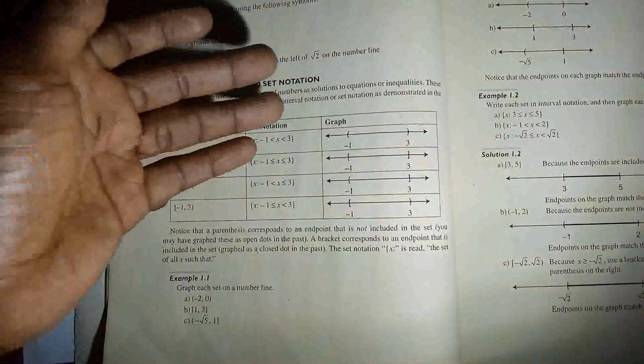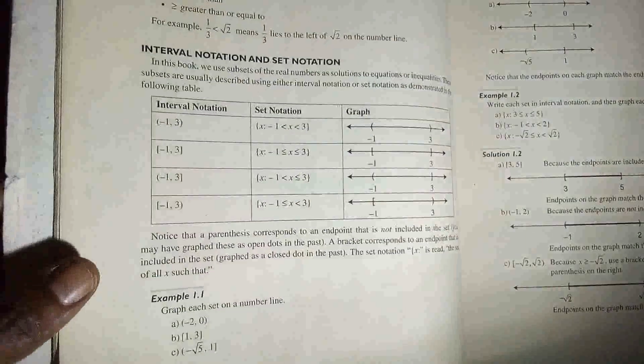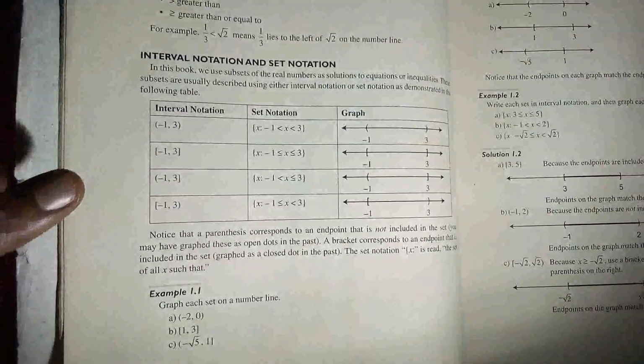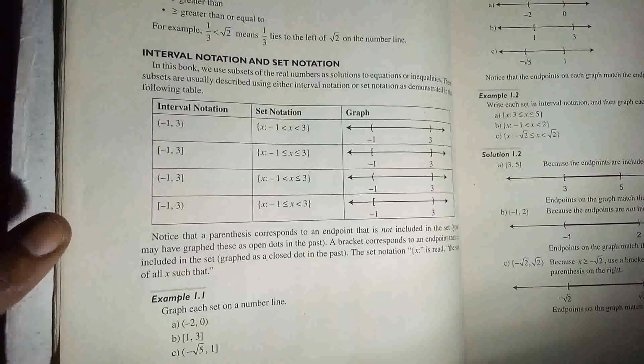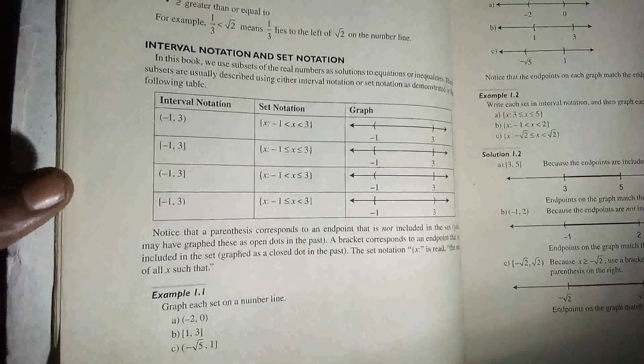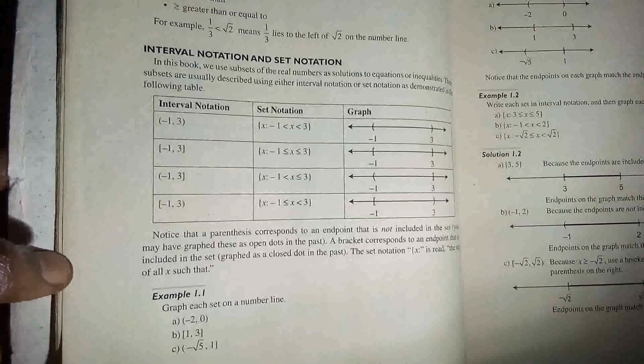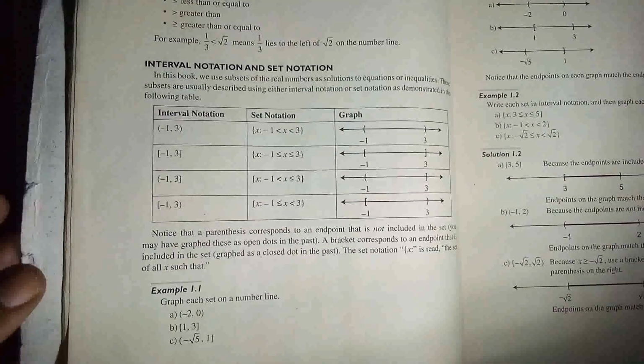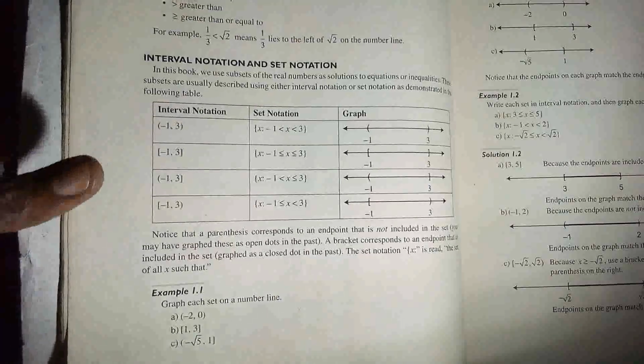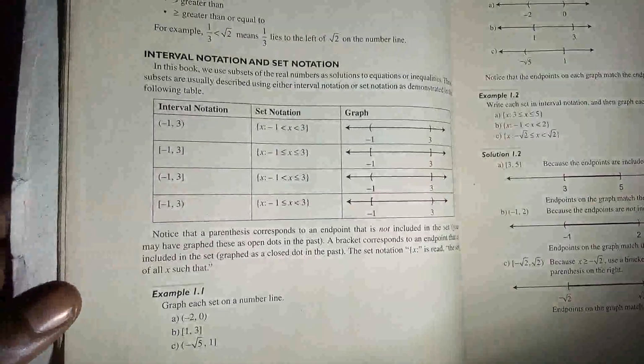So we also have interval notation, and then set notation. If you have followed my videos and other classes I've done so far for those in University of Port Harcourt, you'll notice that we've been using this even in algebra and trigonometry, when we are dealing with sets, and also when dealing with domain and range of functions.